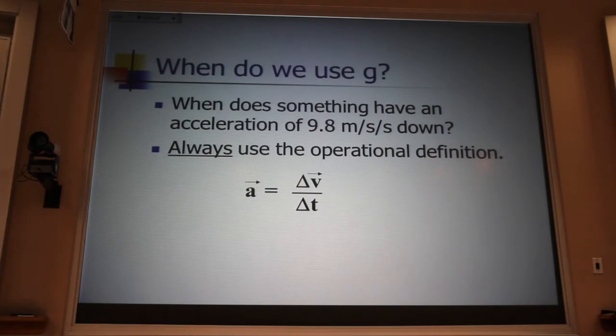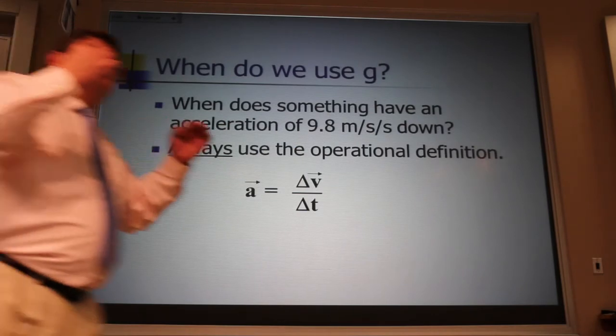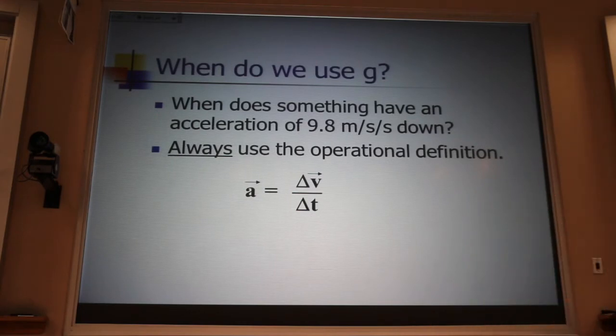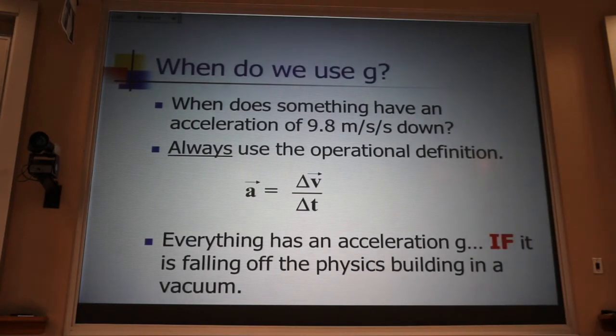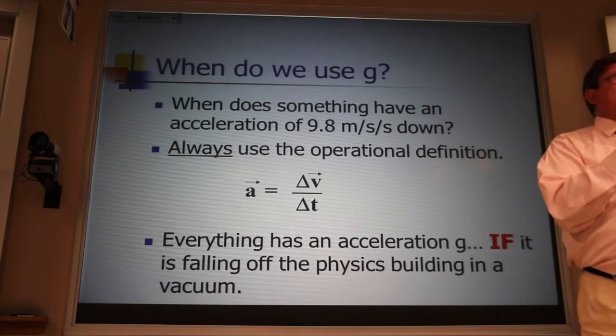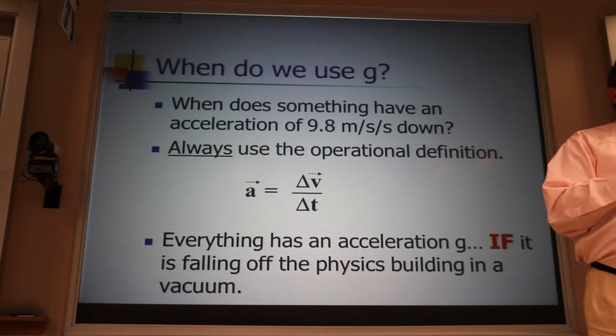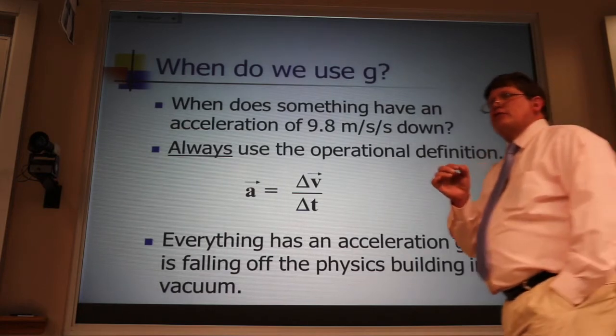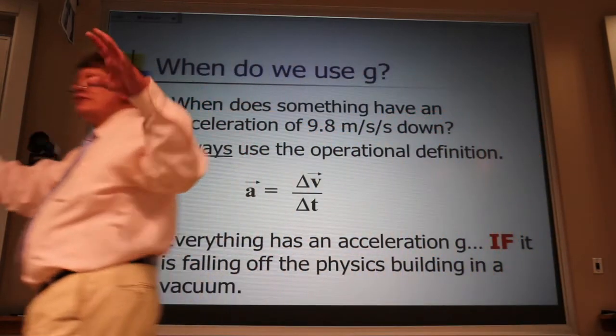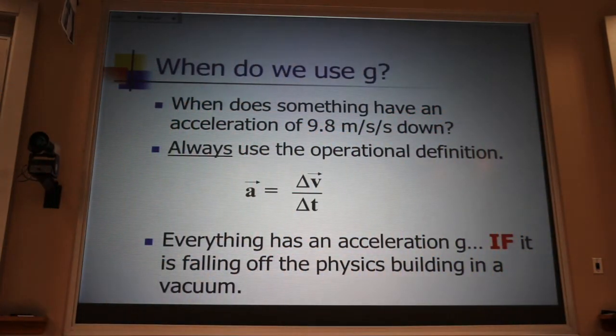That's why we call it a definition. That definition happens to give us 9.8 every time we have something falling off the physics building in a vacuum. In those cases when something is falling near the surface of Earth in a vacuum, we get 9.8.